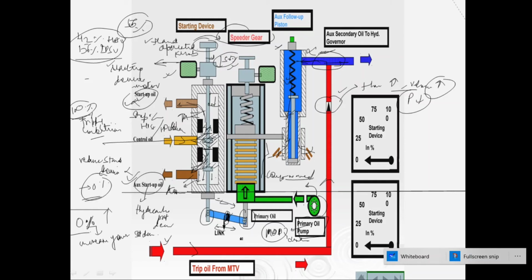Here you will see pressure is proportional to n square. So anyhow, if speed drops, pressure drops. When pressure drops, you will see this whole sleeve arrangement will go downward, and the draining stops.